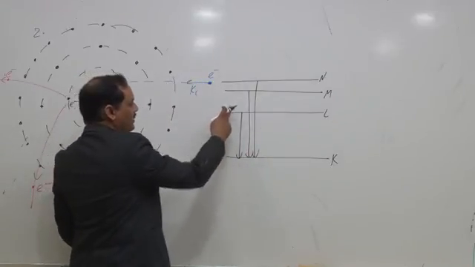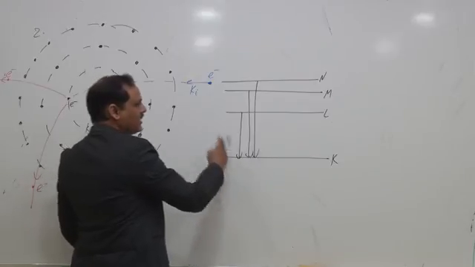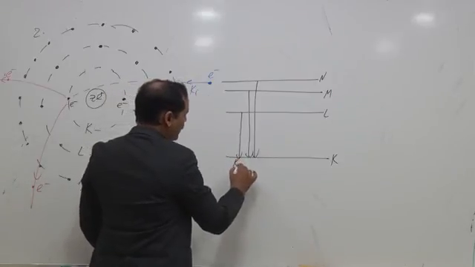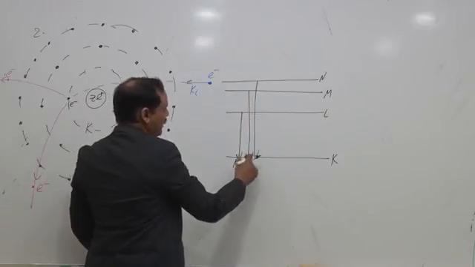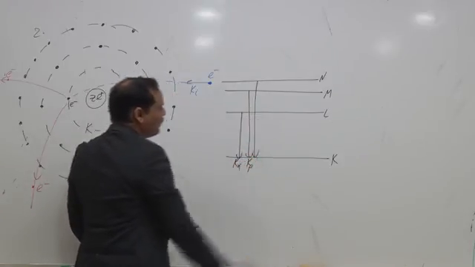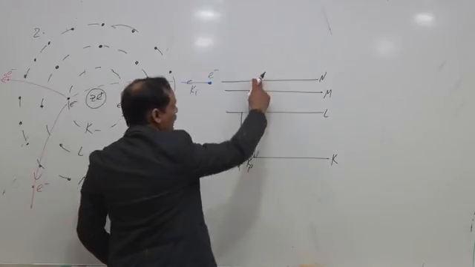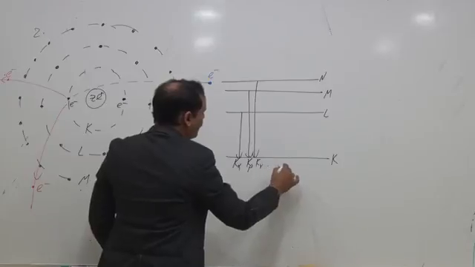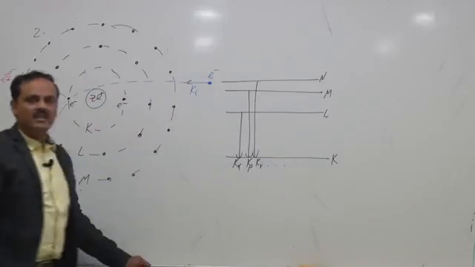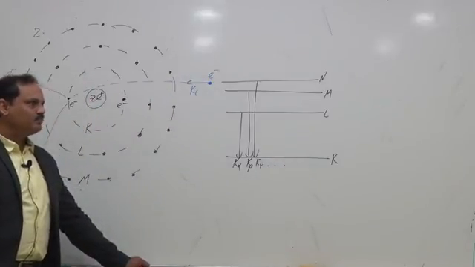When an electron of L jumps to K to fill the vacancy, the emitted photon is called a K alpha photon. If M jumps to K to fill the vacancy, it is called a K beta photon. When an electron from N jumps to K, the emitted photon is known as K gamma, and so on. In this way, K series X-ray is emitted.